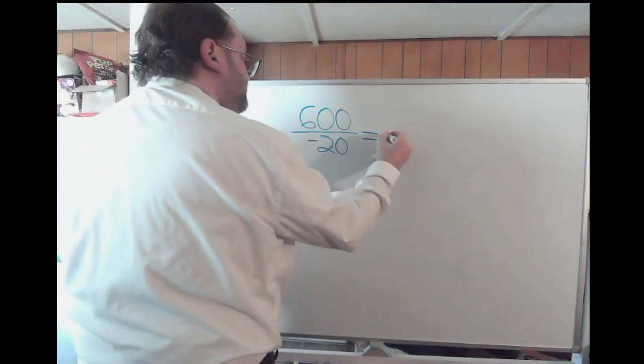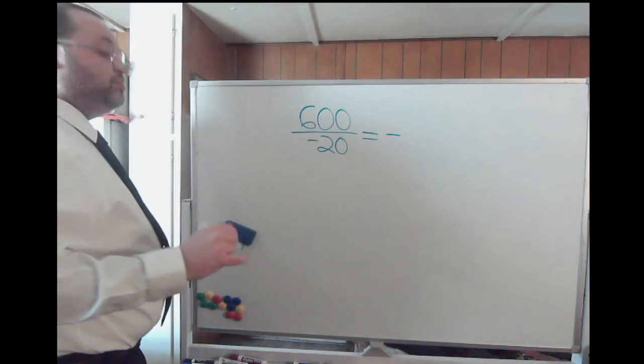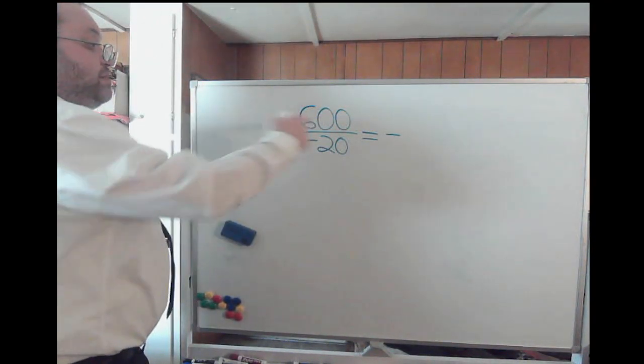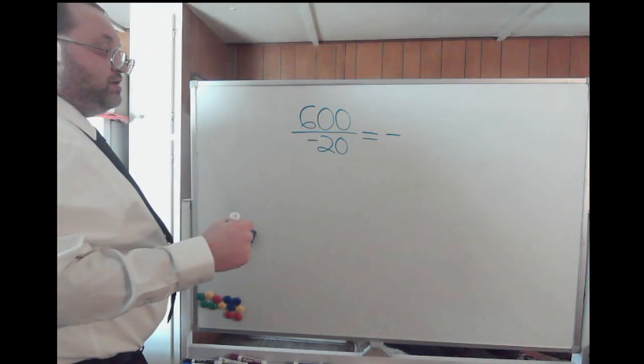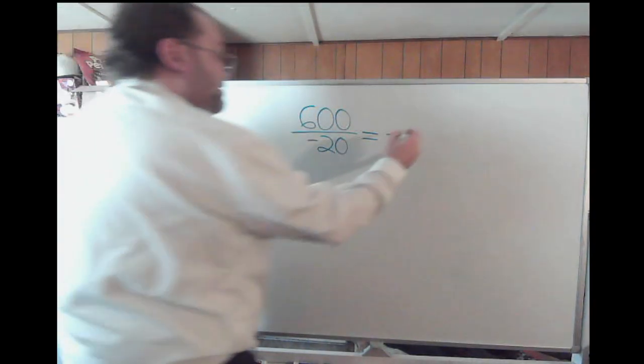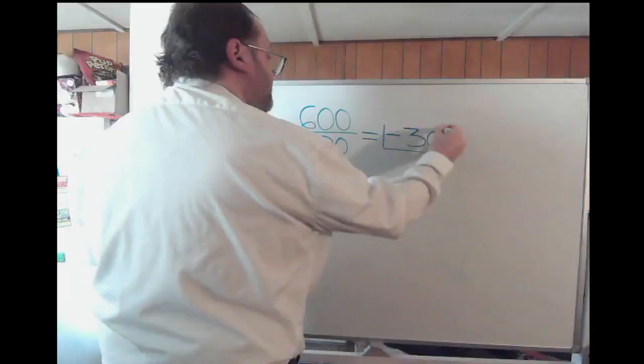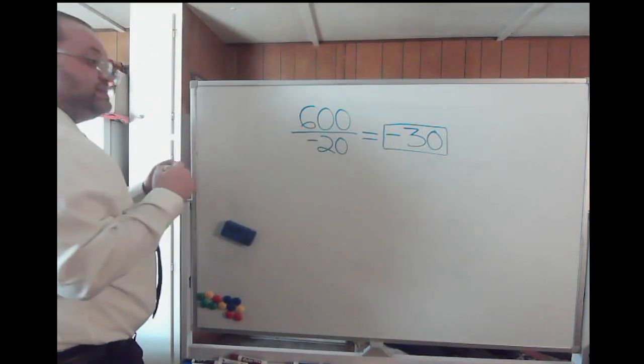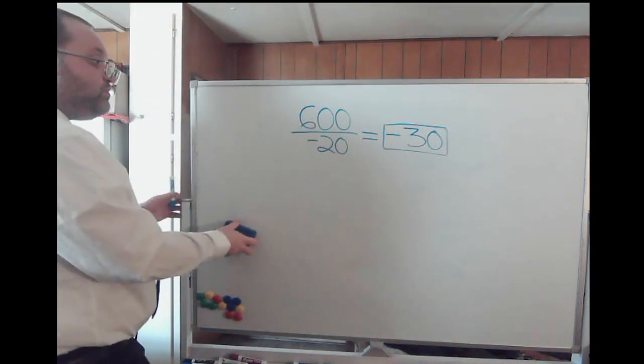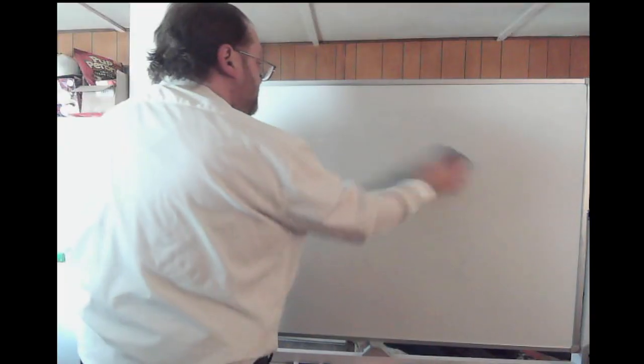The answer is definitely going to be negative. Now, what is the number? Worry about 600 divided by 20 now. Well, that would give you 30. So 600 divided by negative 20 is therefore negative 30. That's the answer you would get. So far, so good, right?